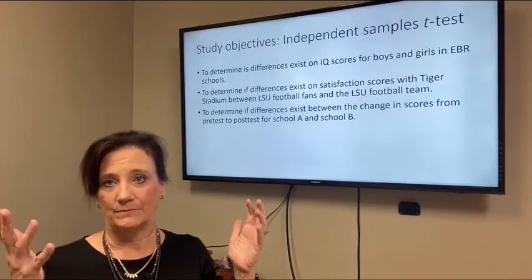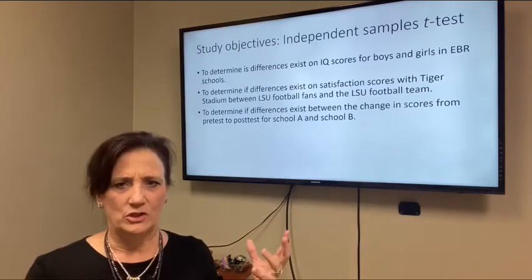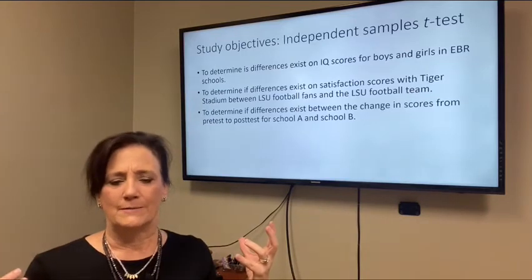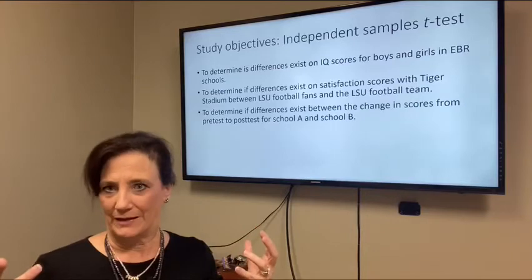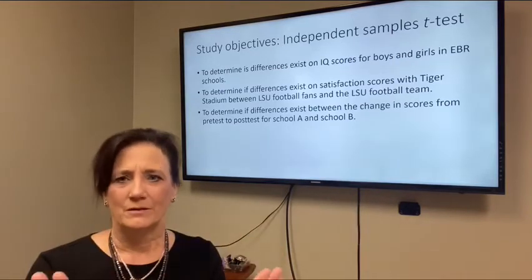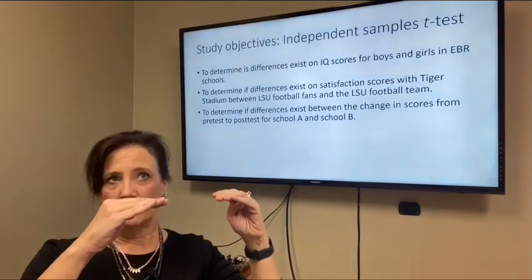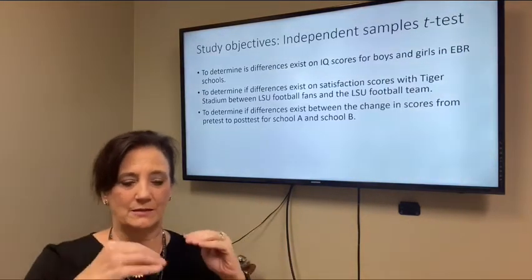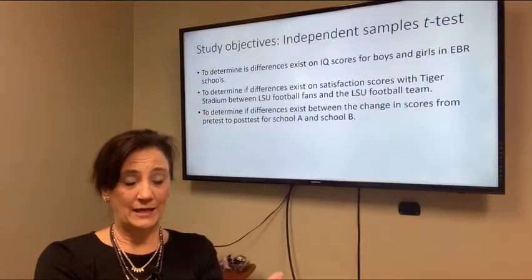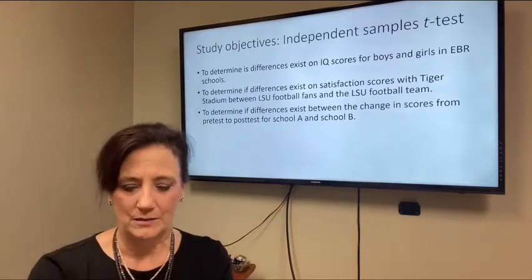Well then, and obviously we're not saying what kind of knowledge change, so a lot of variables that are unexplained there, right? But set that aside and just think, okay, the change from pre to post, was that significant? That is a paired samples t-test. But when you take that change and you compare two schools, that's independent samples.